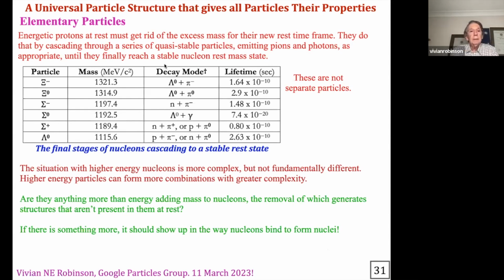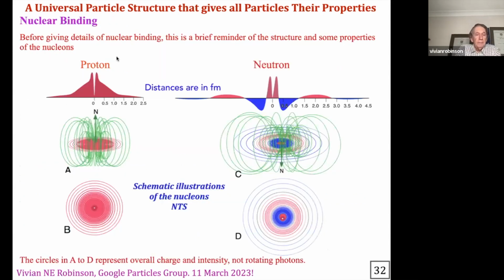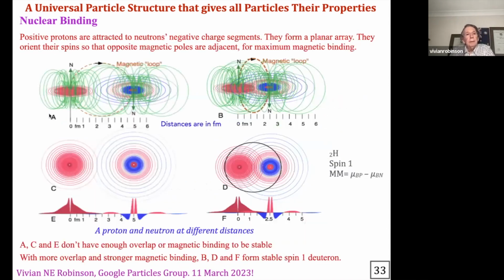Just as a reminder, here are the representations of the nucleons that I'll use: proton and neutron. I explained those before. Again, these circles just represent intensity of charge, not rotating photons. So what happens when a proton comes close to a neutron?